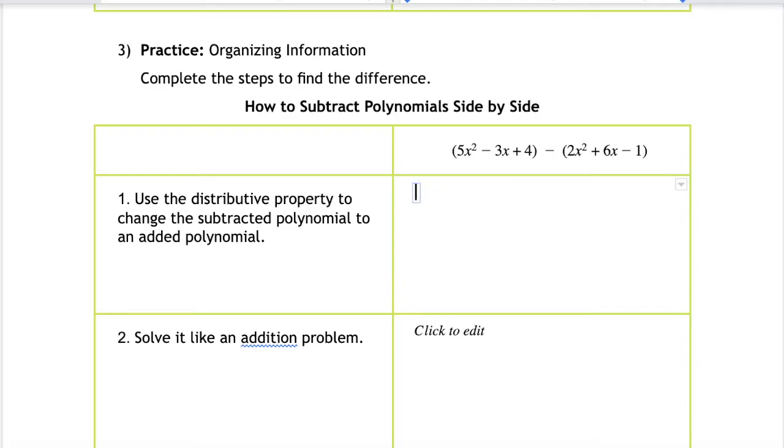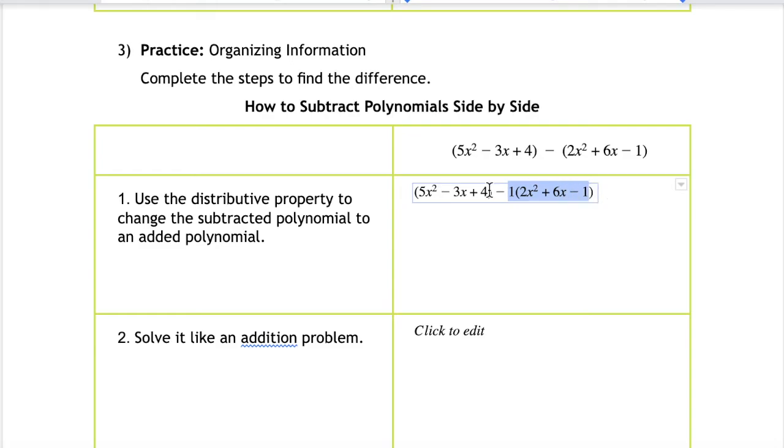So I have 5x squared minus 3x plus 4 minus 1 times 2x squared plus 6x minus 1.